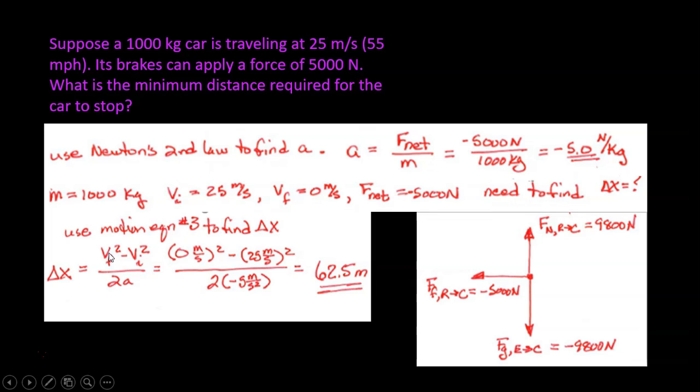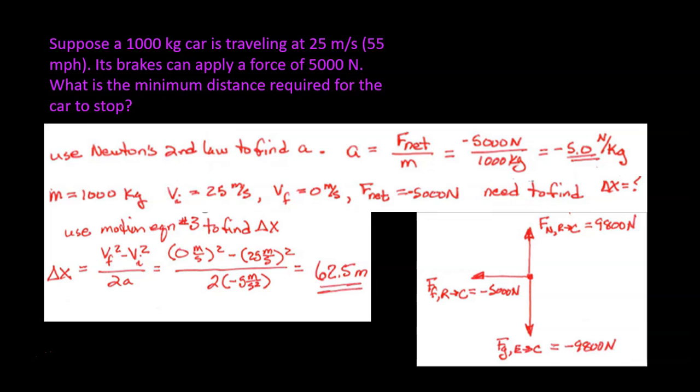And so that's the final velocity squared minus the initial velocity squared divided by 2 times the acceleration. And I go ahead and plug in my velocity information, which I got from the problem. And I also plug in my acceleration, which I got from Newton's second law. And I find out that it took the car 62.5 meters to stop. This is about 70 yards.